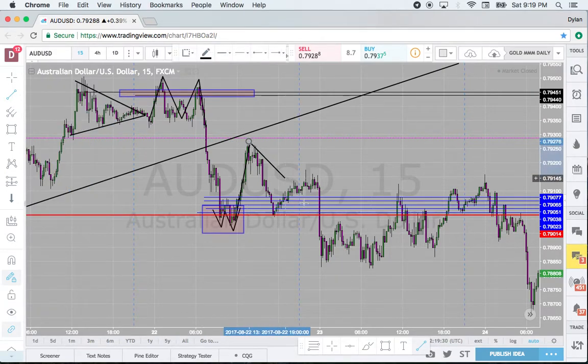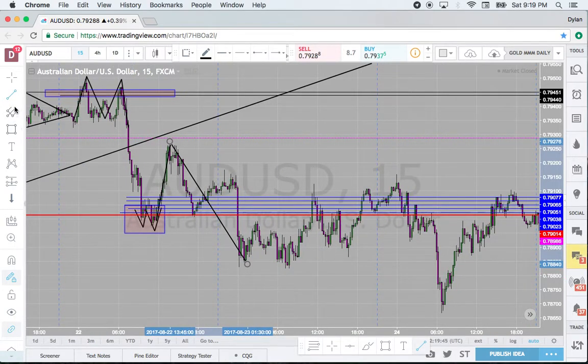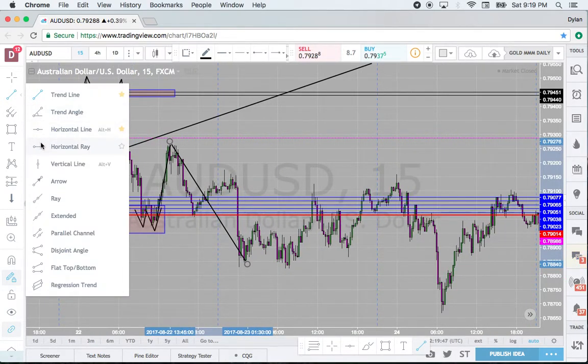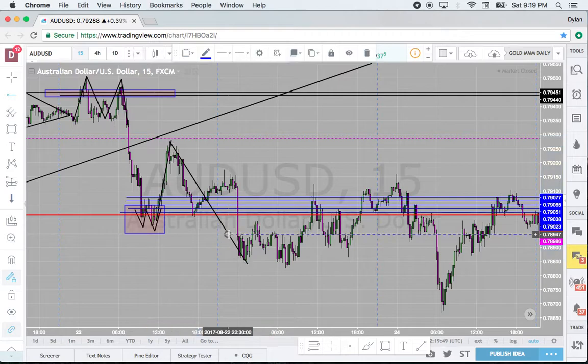So price then moved back down, and then what happened? What do you see? Well, we see price moved below the low of the previous day here and started buying once again. It's programmed to do exactly that.